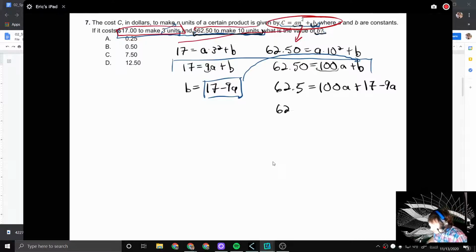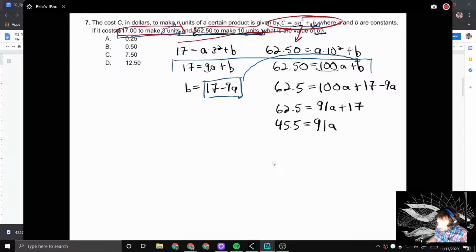So 62.5 equals 100a minus 9a is 91a plus 17. Subtract 17 from both sides. 45 plus 17 is 62, but I want a half, so 45.5 equals 91a. Still in the calculator section, so I'm just going to do that.